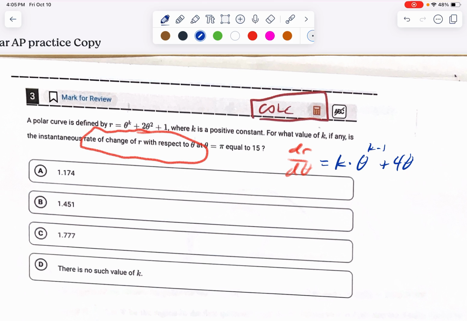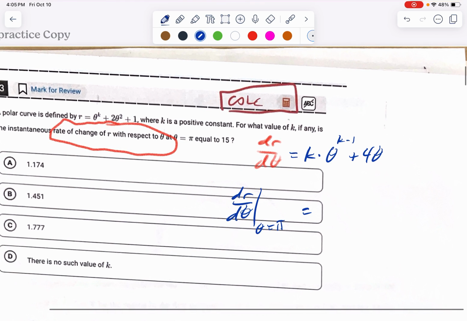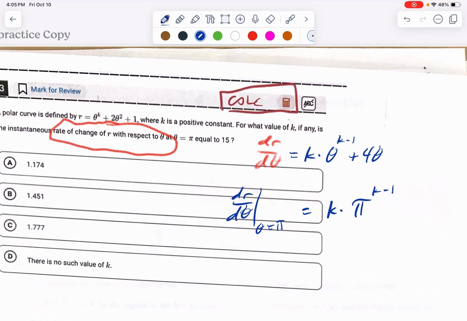And so what we want is when we plug in theta equals pi to get 15. So dr d theta evaluated at theta equals pi means we have K times pi to the K minus 1 plus 4 pi equals 15. And this we will solve on the calculator. So I will do numerical solve.